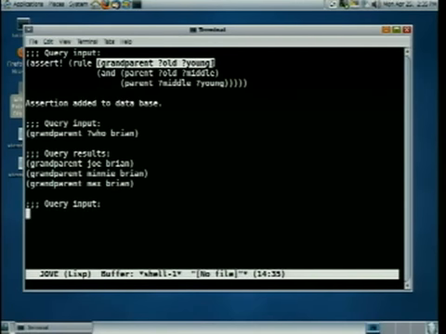It's a little bit different because it's the query evaluator, not the Scheme evaluator, that we use to evaluate the query. And the result of that evaluation is true or false.